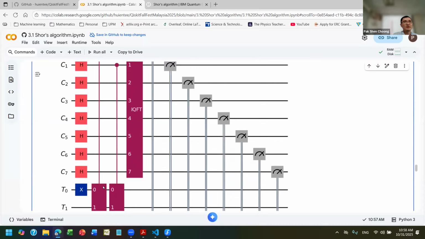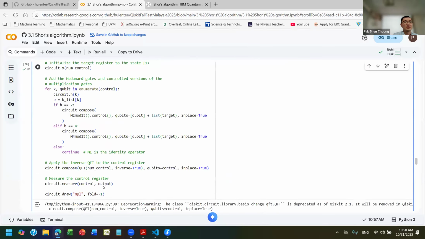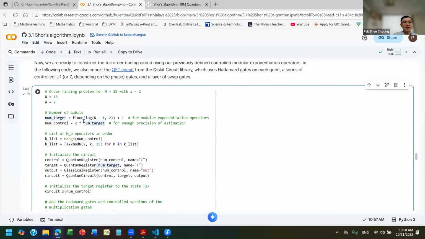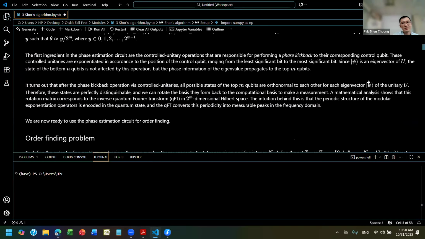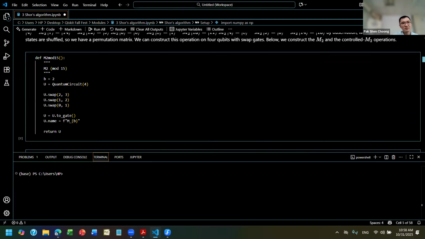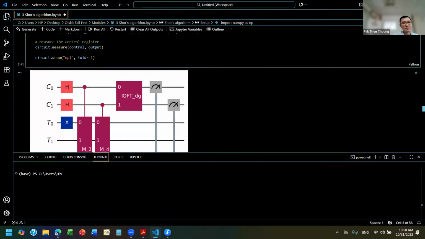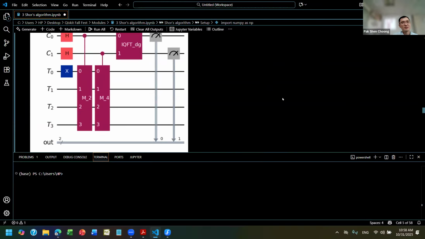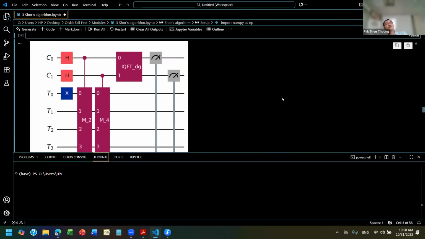Basically, C2 until C7 is not being used. So you can just delete this and the code will still work. So I tried this over here. This is my local drive. So I deleted C2 until C7 and I just left C0 and C1. And it still works.